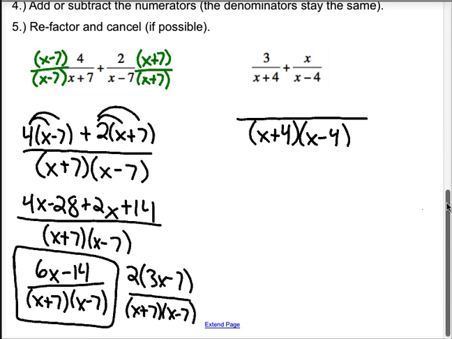We need every piece represented. So what does that mean for us? Well, what that means is this side over here is missing the x minus 4. This side over here is missing the x plus 4.